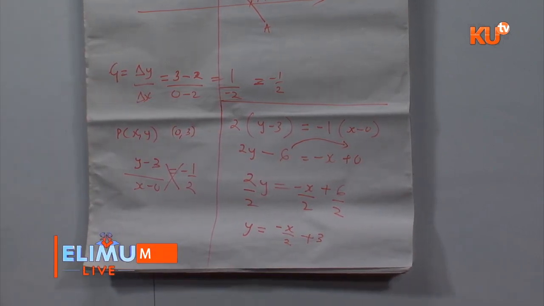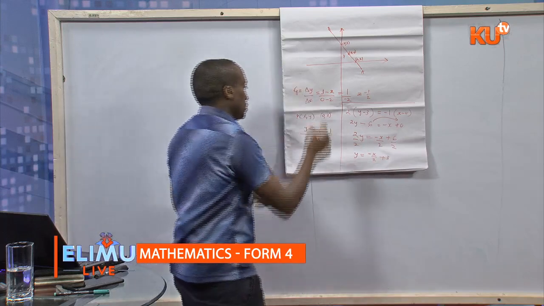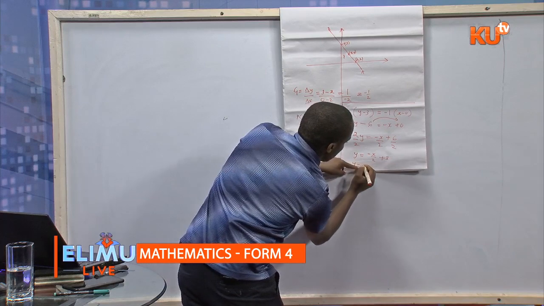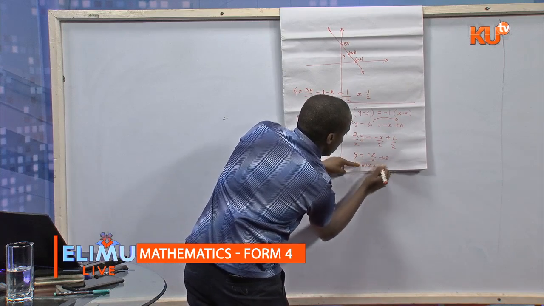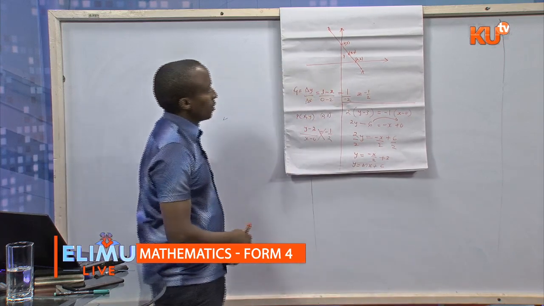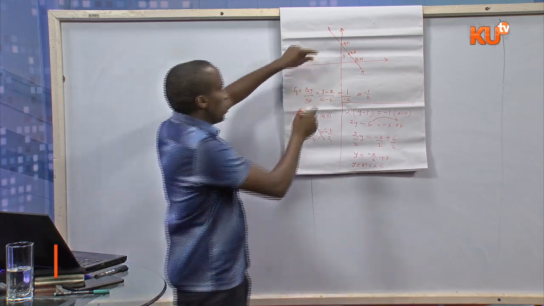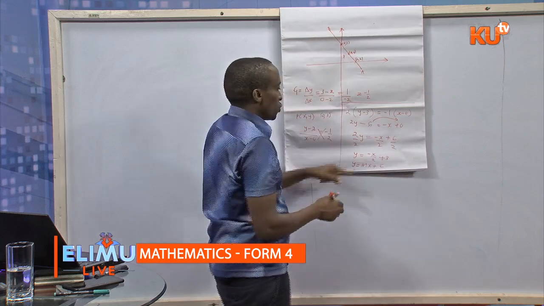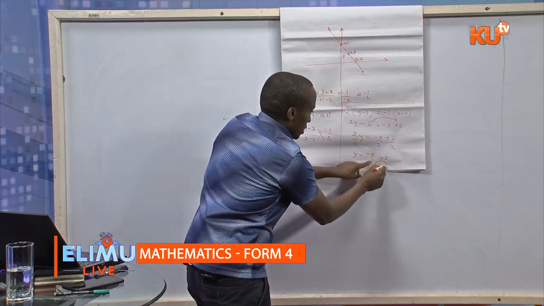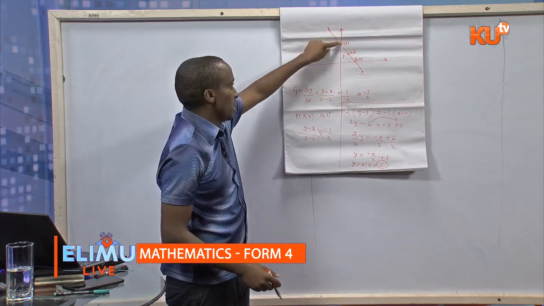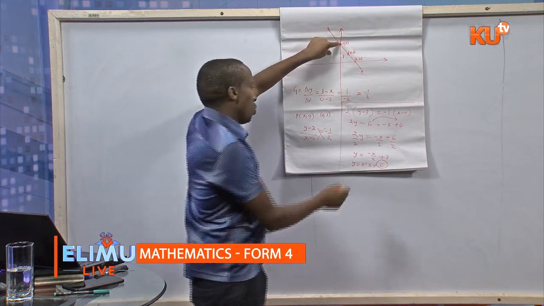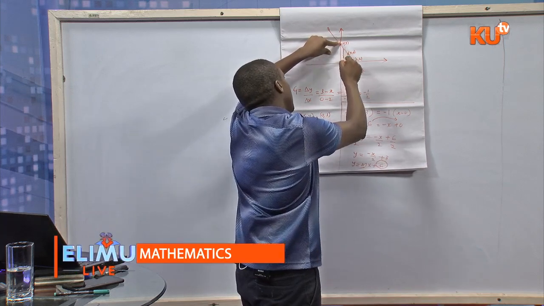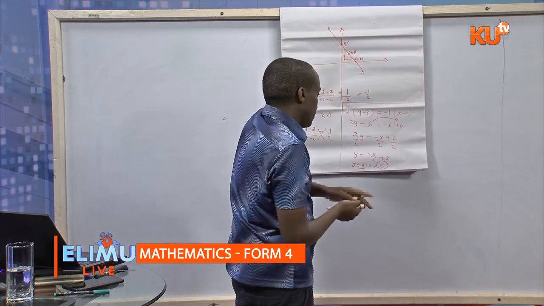Having known the general formula of the equation of a straight line, which is y is equals to mx plus c, you can still come here and know that where the line cuts the y-axis is point 3. So c represents where the line cuts the y-axis, the y-intercept, where m represents the gradient of the line, which is negative half.